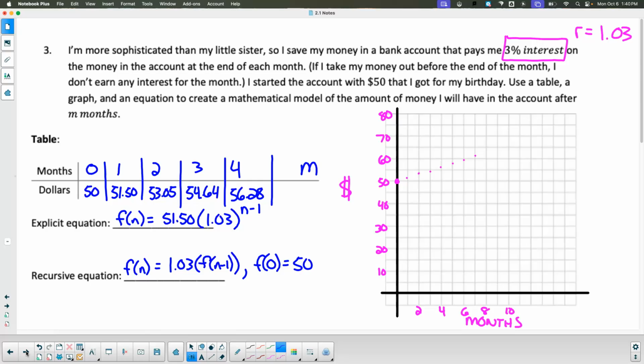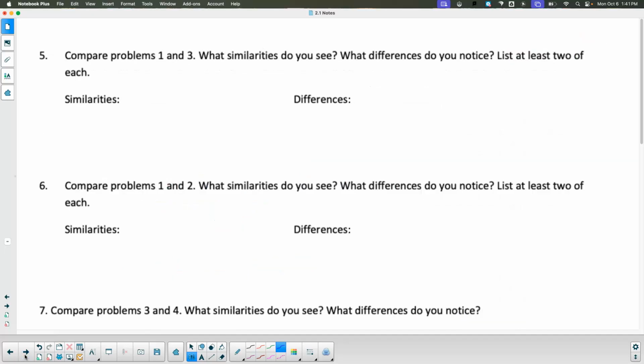A similarity would be that we are talking money. Okay. I would concur with that. What else?